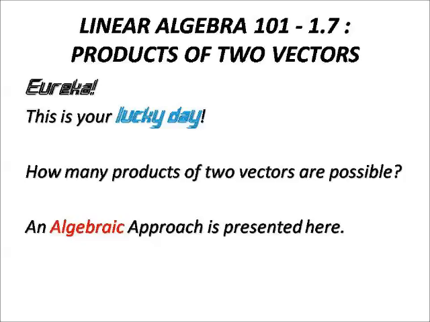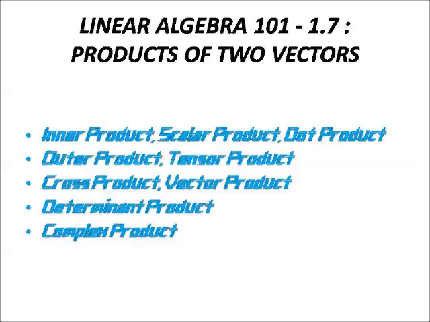How many products of two vectors are possible? An algebraic approach was presented here. There are five different products we have covered in this presentation: inner product, outer product, cross product, determinant product, and complex number product.